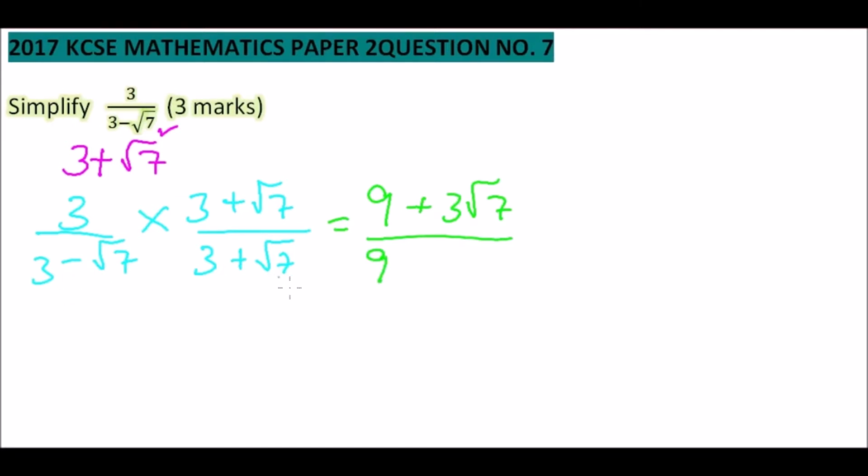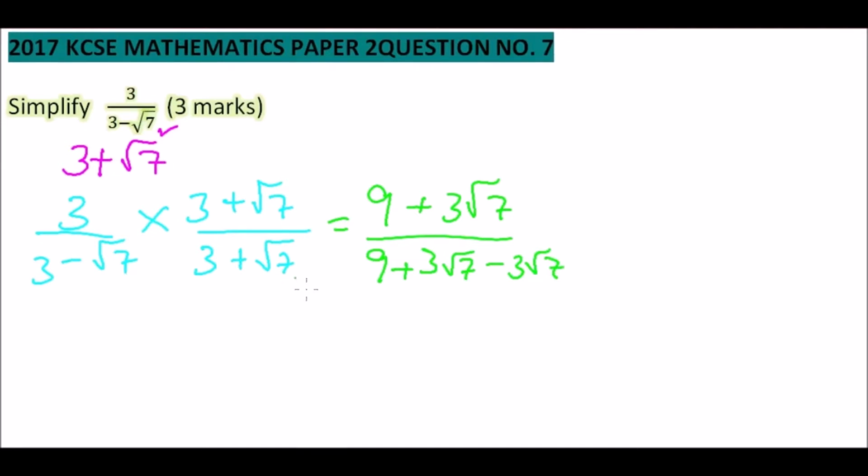Then minus root 7 times 3 will give you minus 3 root 7, and then minus root 7 times root 7. When you multiply root times root, it becomes positive, so that is 7. Negative times positive is negative, so that is minus 7. So that is our new expression.